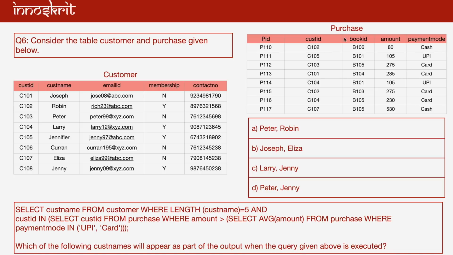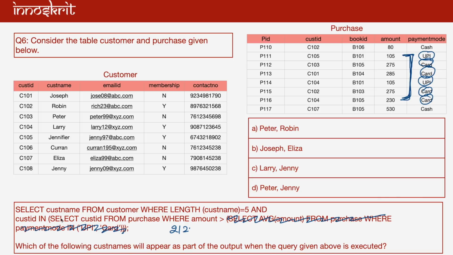Now if you see the purchase table, UPI, card, UPI, card, you will have to find the average of these. If I find this average, it is going to be 212. I have taken the integer value, so this query is going to give you 212.